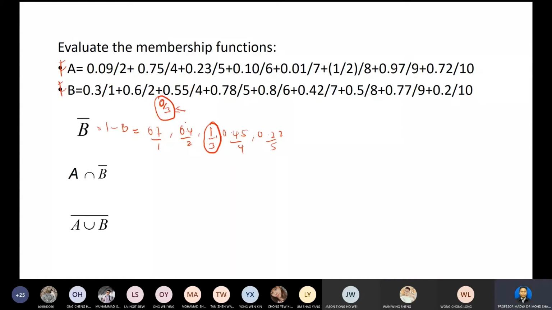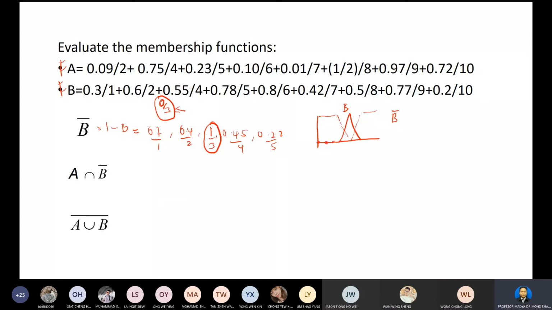Similar to this one, for example, if you do the graph, this is fuzzy set B. If you do the complement of B, the answer should look like this. Before this, the values were 0, 0, 0. This one is actually a 0 value.